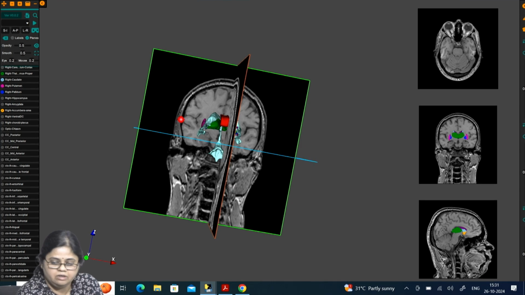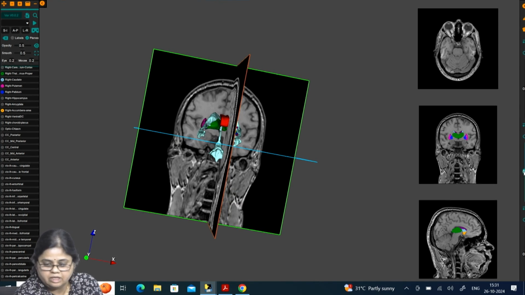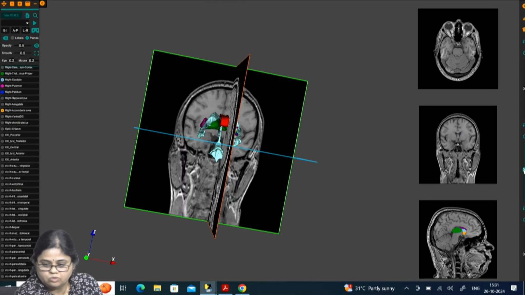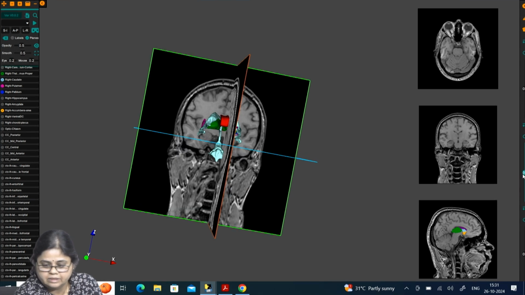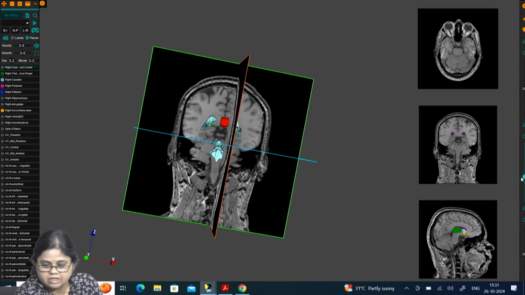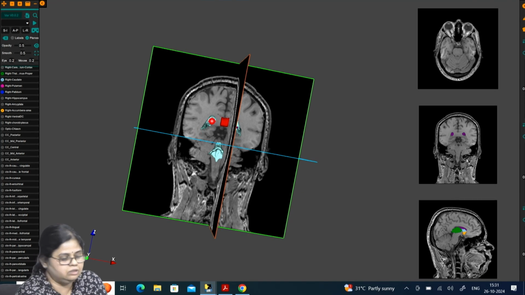In the floor, below the lateral ventricle body, we have the thalamus. As I go to the front, you will lose the thalamus slowly. And then you will see the appearance of the caudate nucleus on the medial aspect.